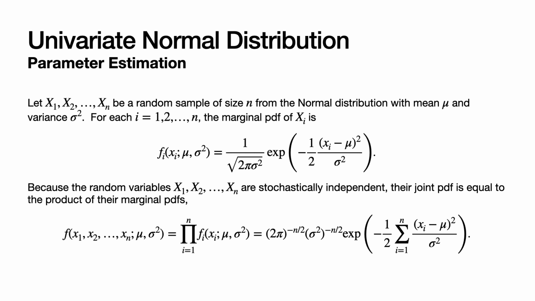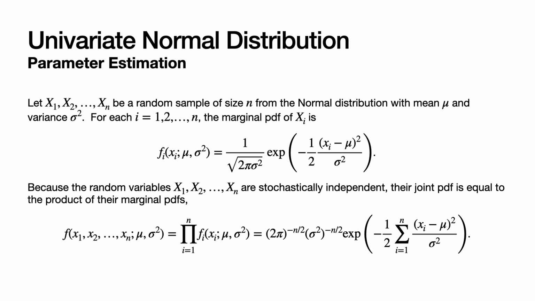So a random sample is a sample in which the random variables are IID, independent and identically distributed. Now, because the random variables x1 through xn are stochastically independent by virtue of being a random sample, their joint PDF is equal to the product of their marginal PDFs.